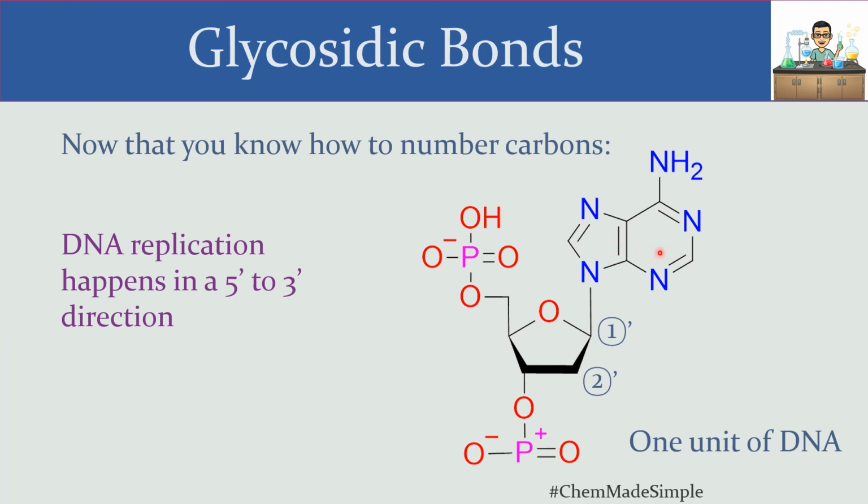We use our numbering here first, and then the primes refer to the carbons that are in that particular ribose. And so we got 1', 2', 3', 4', 5'. So that's where 5', 3', and so on and so forth, that's where they come from. When we talk about replication that's happening here, it means it's happening from 5' on down to 3' until you get to the next nucleotide and so on and so forth.